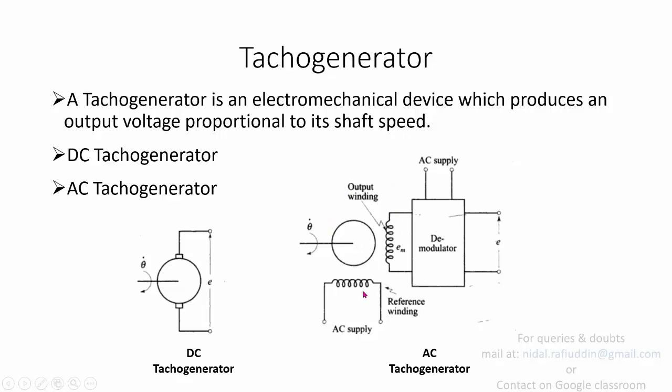When you give supply to the reference winding, which produces flux, this flux interacts with the rotor, and whenever the rotor moves, this process will cause induction of voltage EM in the output winding, which is further fed to the demodulator, where modulation is performed, and the output is generated, which is proportional to the speed at which the rotor shaft rotates.